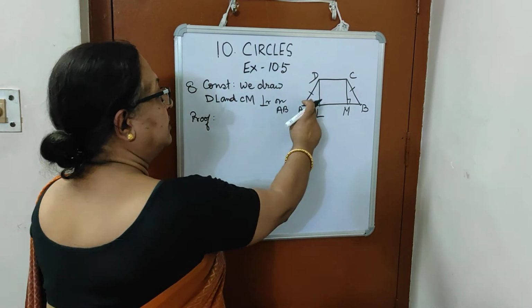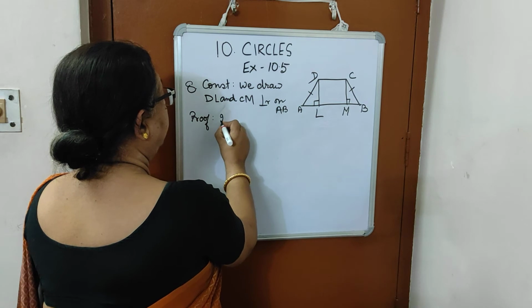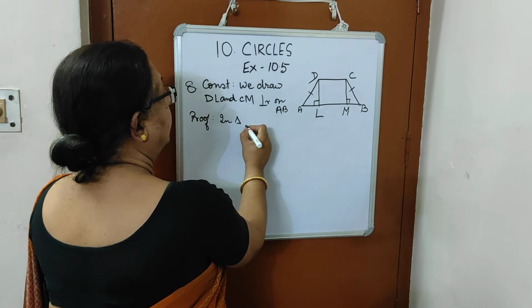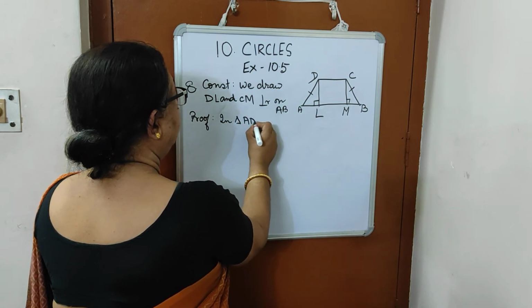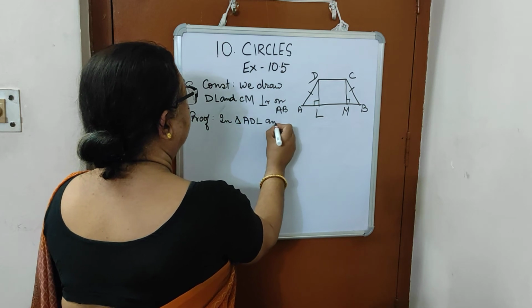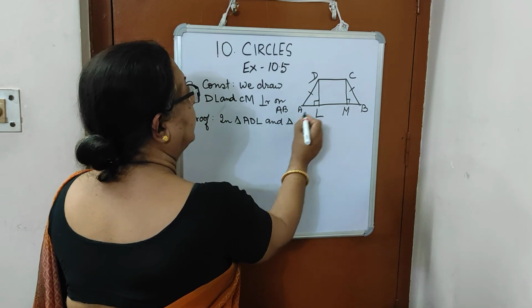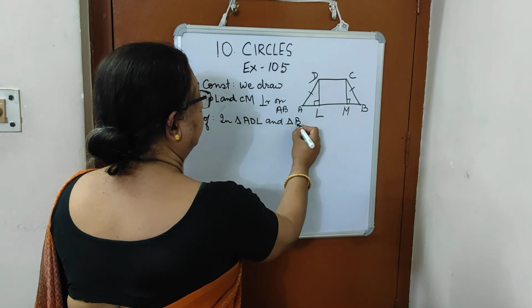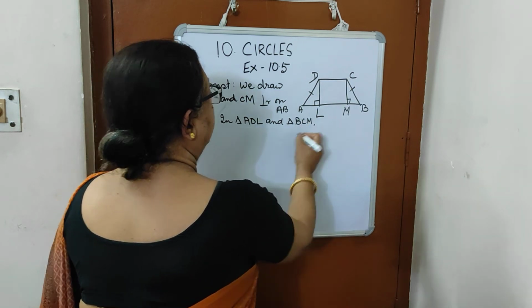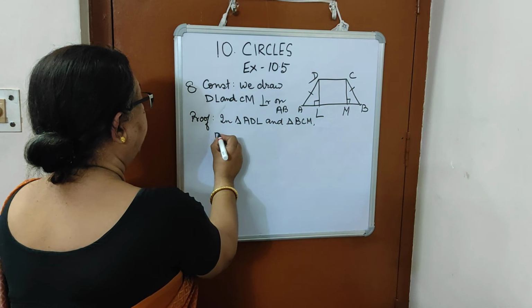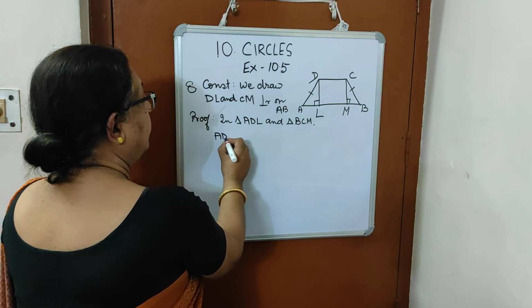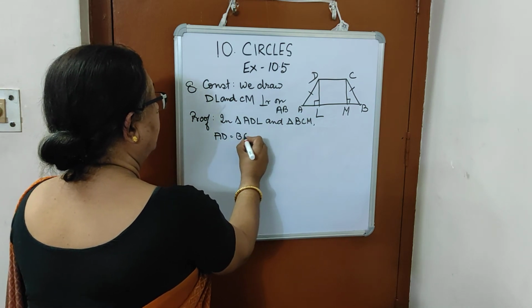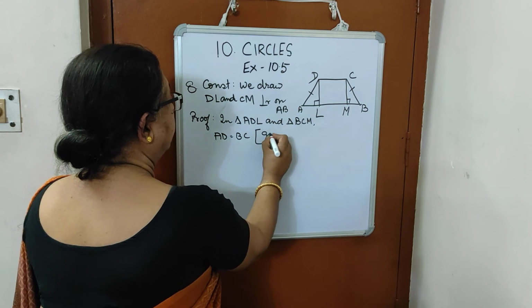We consider these two triangles. So in triangle ADL and triangle BCM, in these two triangles, what all we have equal? AD equal to BC. Why? Given.